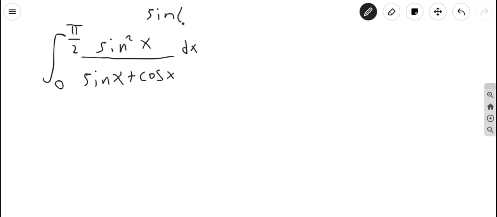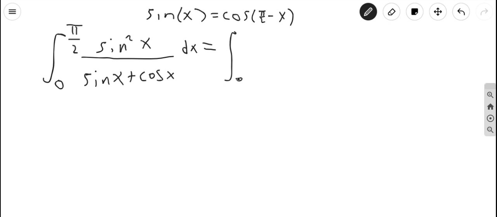The way that we start is that we're going to realize that we can write each sine of x as a cosine of x that is phase shifted. So we're going to rewrite this integrand using this relationship. Every sine will be rewritten as a cosine, and every cosine will be rewritten as a sine.